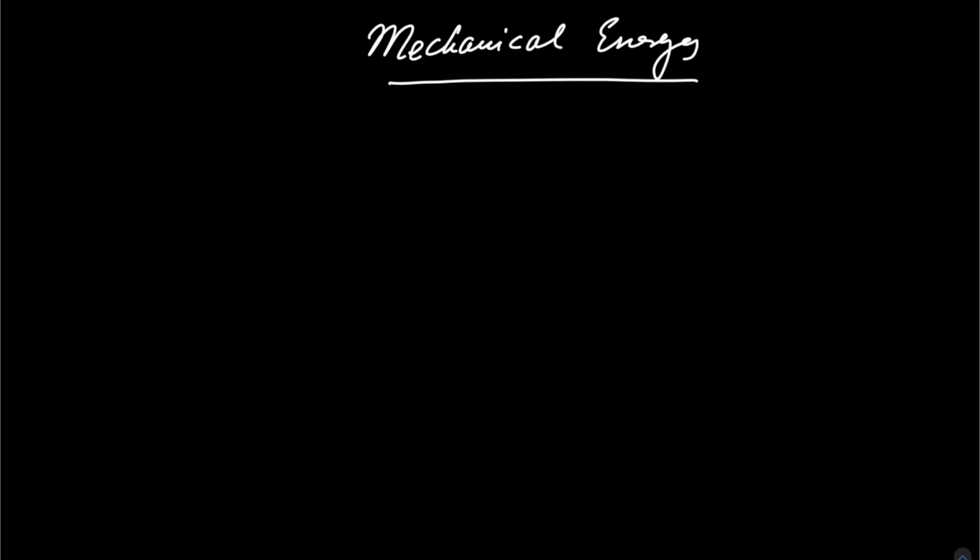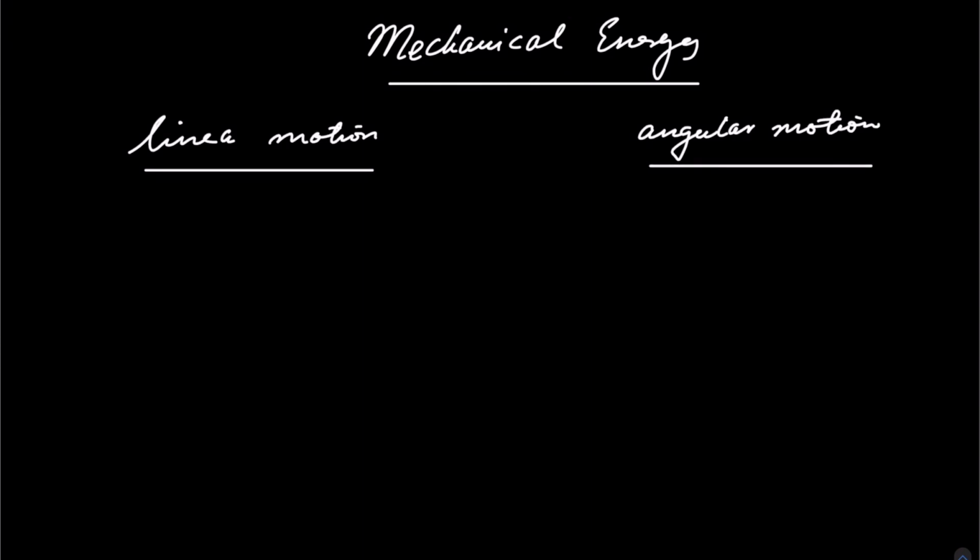Okay? Here now we're going to look at the mechanical energy. And again, we're going to relate the linear motion with the angular motion. Kinetic energy, or EK, in linear motion is actually given by half mv squared. Things get a little interesting when you get to angular motion, where the mass of the object actually changes.